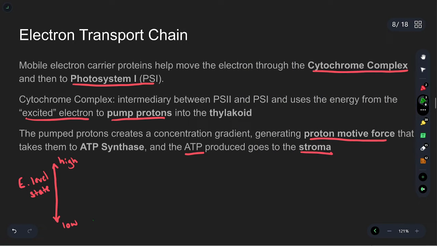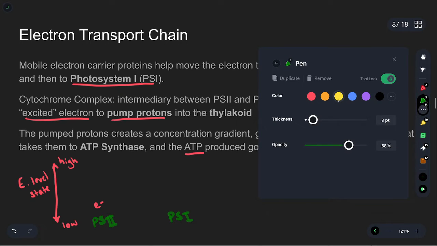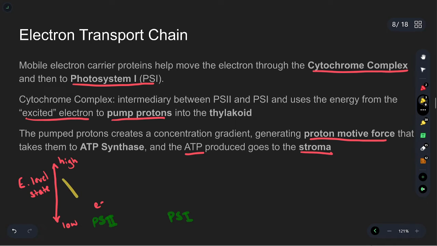So we started with PS2 first. Our electron starts at a low energy level state. When it is hit by light, photons are absorbed and the electron goes from low to high in energy level. So this is the photoexcitation part that we were talking about earlier.